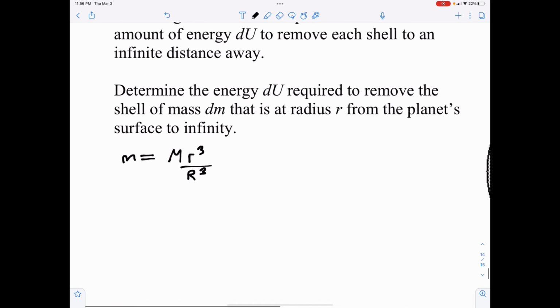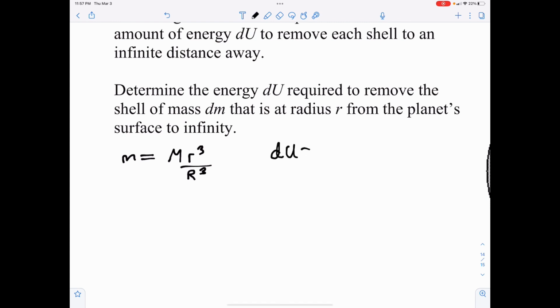So we'll come back to that part. We know that U, if U is equal to negative GM over r, dm replaces little m. And so what would du be?